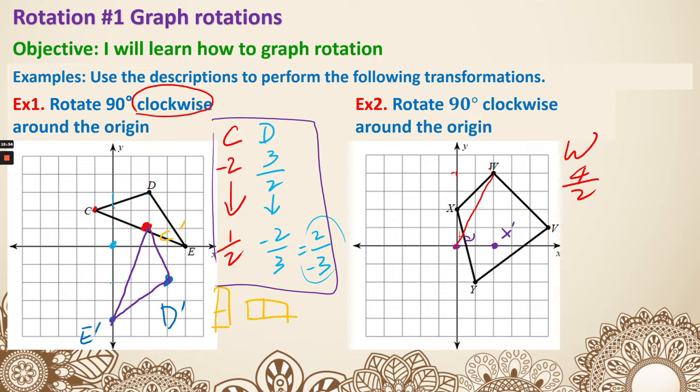The reason I'm doing an unsimplified fraction is because I can tell this is actually a diagonal of a 4 by 2 rectangle. That's easier for me to recognize what it is. So I'm going to keep it that way, and we can do the opposite reciprocal, which is the slope of the perpendicular line. So it has to be negative 2 over 4.